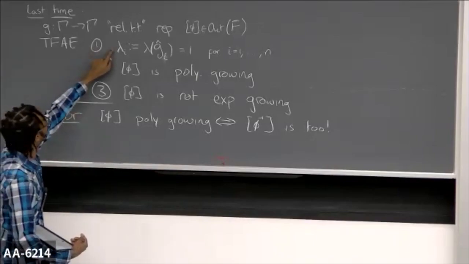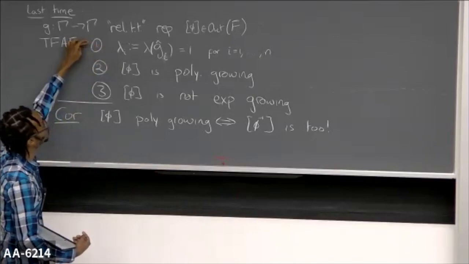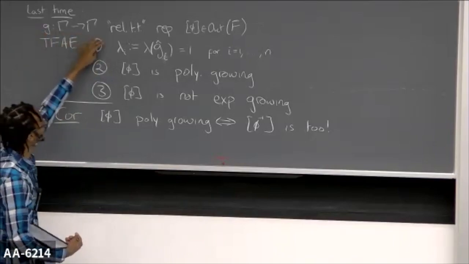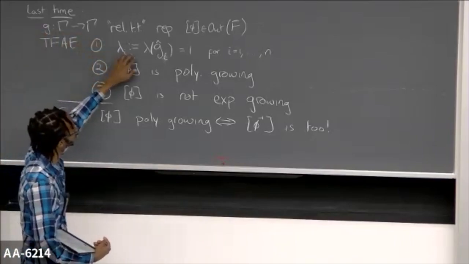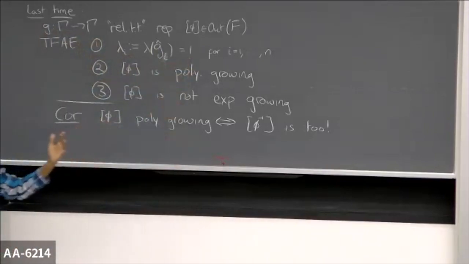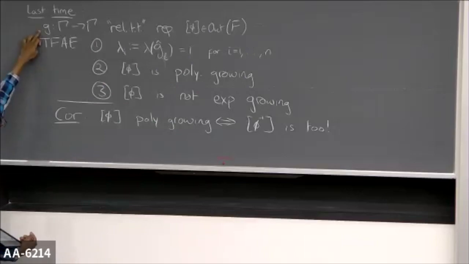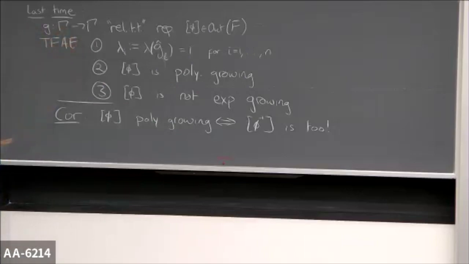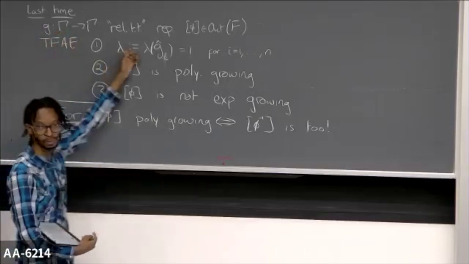With this characterization, you can show that if you have a relative train track where all the stretch factors in each stratum are one, then the inverse has a different map, because it's the inverse, but on the same graph and same filtration, you get a relative train track for the inverse with the same properties.